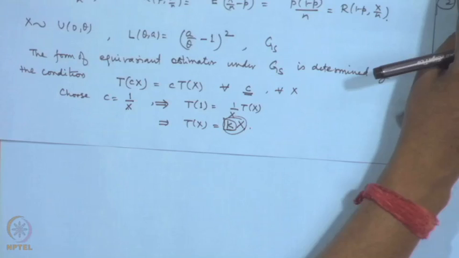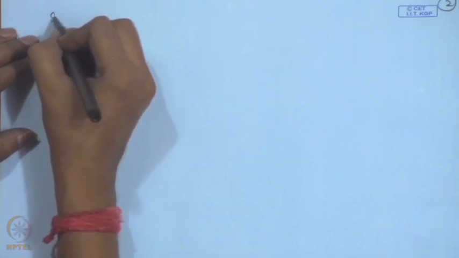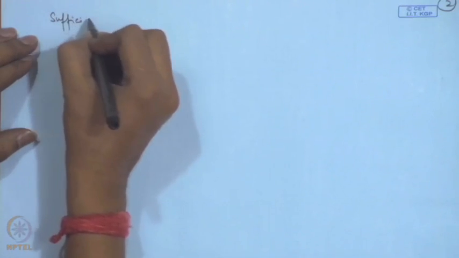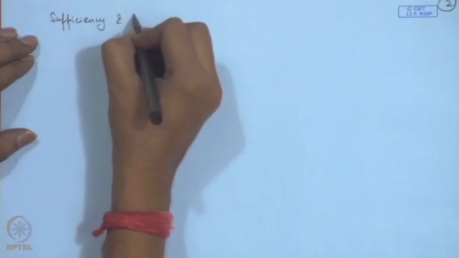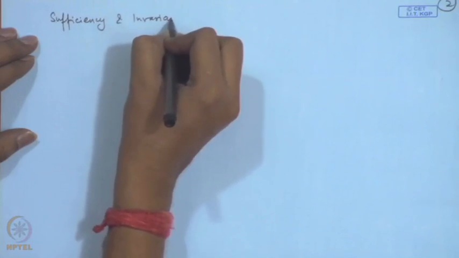On the other hand, we had seen that the maximum likelihood estimator is x(n), the complete sufficient statistic is x(n). Now, in that case, why not we restrict attention firstly to the sufficient statistic and then apply the concept of invariance. So, let me justify this, sufficiency and invariance.